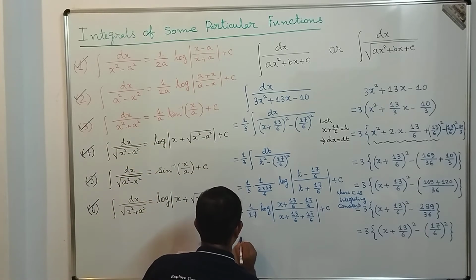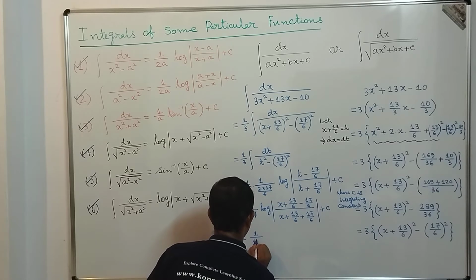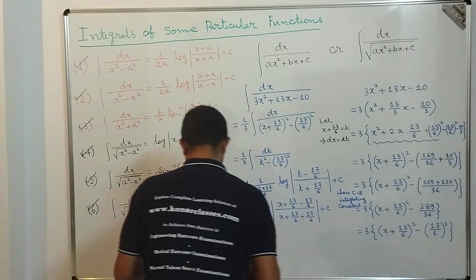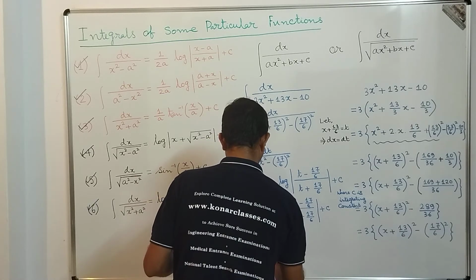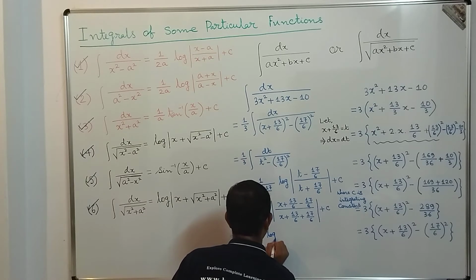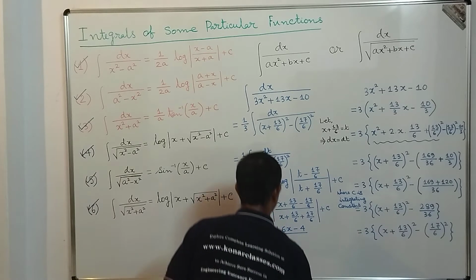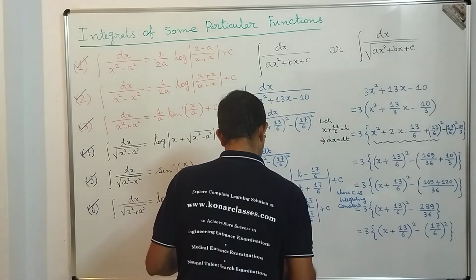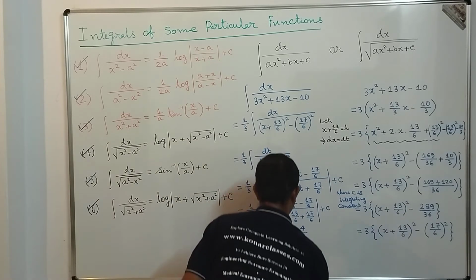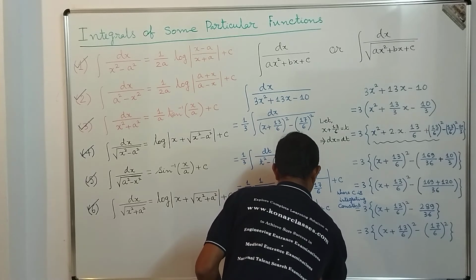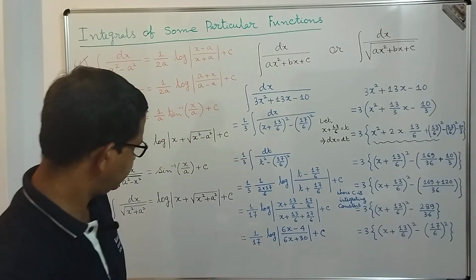Here you can get 1 by 17 into log of mod (6x minus 4) divided by (6x plus 30), plus c.